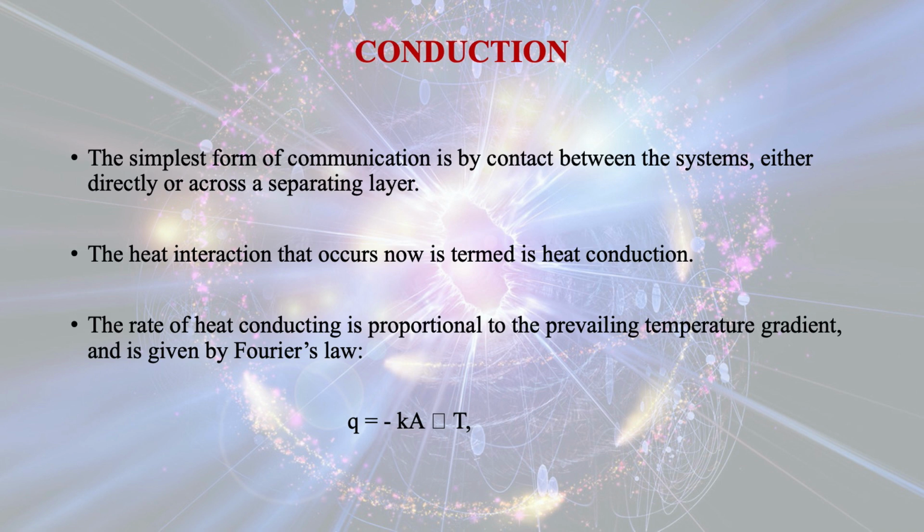Now why is the minus sign introduced? Because ΔT is always negative. If the heat transfer takes place from a hot body to a cold body, then definitely the initial temperature is more than the final temperature, so ΔT will always be negative. That's why the negative sign is introduced here, so that the heat transfer comes out as a positive value.